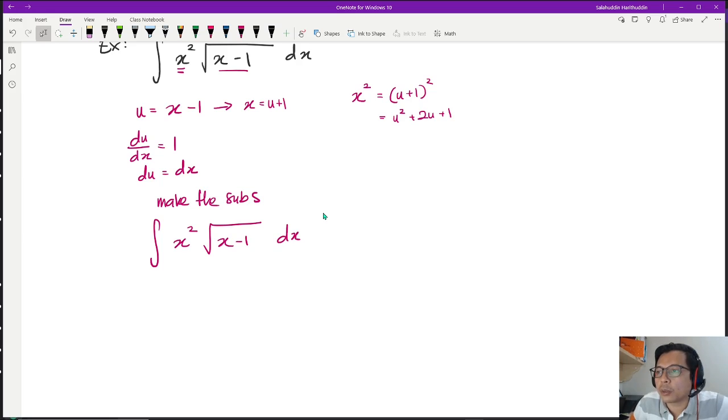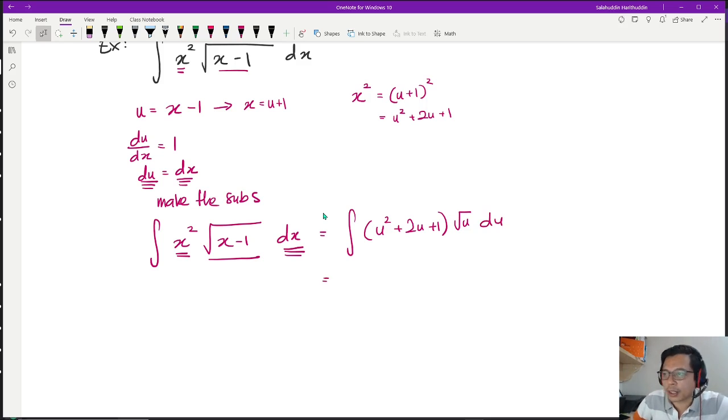We can replace this troublemaker with u squared plus 2u plus 1. Oh my god, it looks like it's going to be really complicated. Here we can replace it with just the square root of u, and dx here is just du. Okay, now it looks simpler, I think.